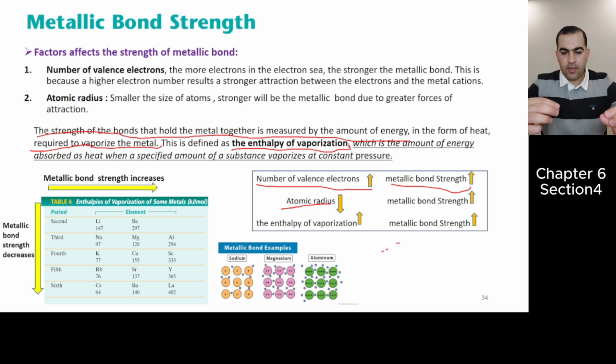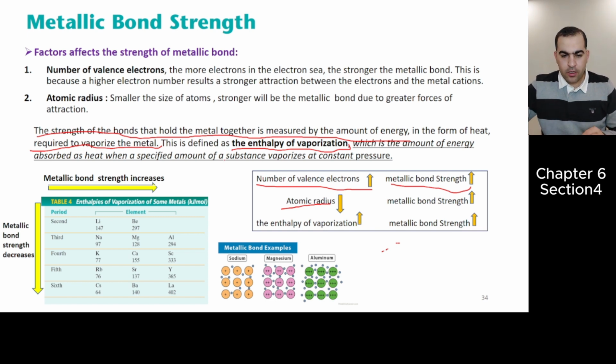We measure it by the enthalpy of vaporization, which is the amount of heat a specific amount of a metal absorbs to vaporize, to become gas. If a metal absorbs more heat to become vapor, it means there is a strong attraction between the metal atoms, okay?